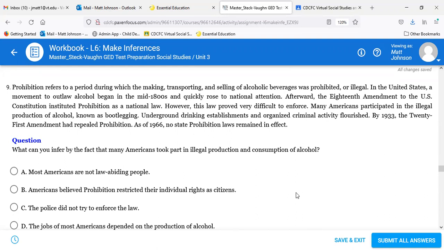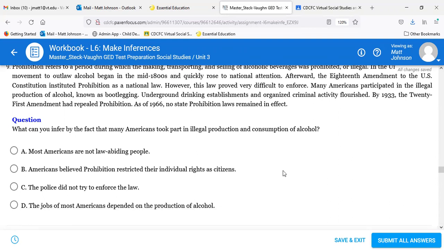A, most Americans are not law-abiding people. B, Americans believed prohibition restricted their individual rights as citizens. C, the police did not try to enforce the law. D, the jobs of most Americans depend on the production of alcohol.